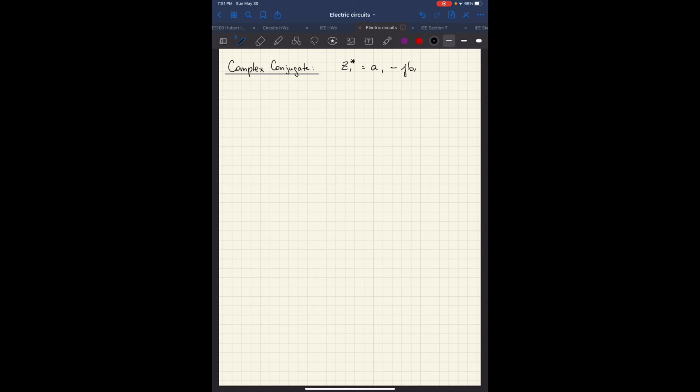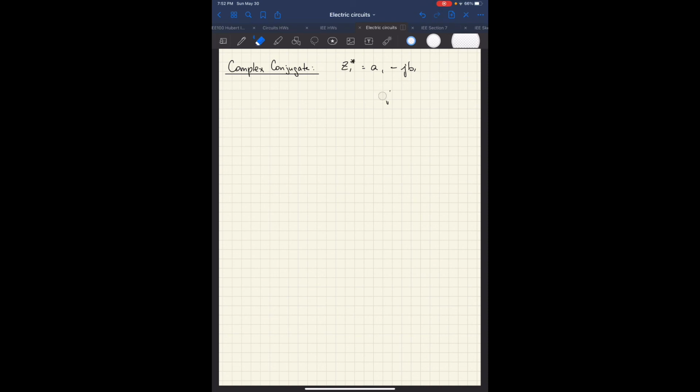That's what the complex conjugate is. The original complex number was A1 plus JB1. The complex conjugate is the same thing, except I replace this plus with a negative sign. All it means is make your imaginary part negative. You just take the negative of it.